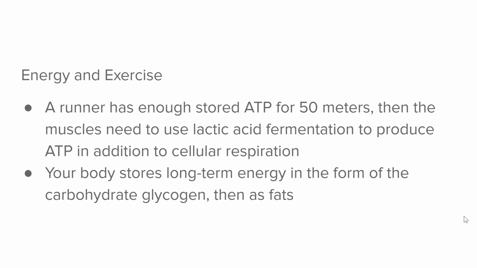Your body then stores long-term energy in the form of the carbohydrate called glycogen, and then as fats. So the more someone runs as a habit, the better their body is at going through these processes without the side issues of cramps and not feeling good, because your body gets used to being able to switch.